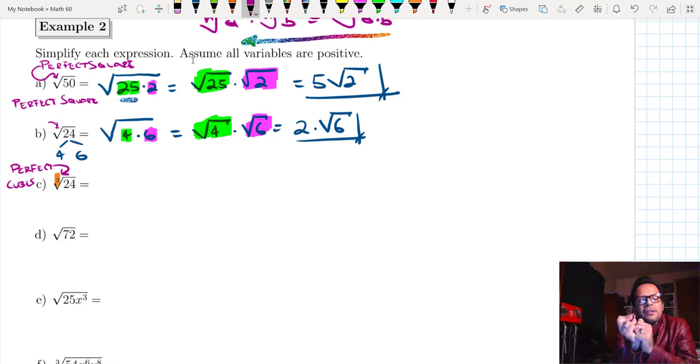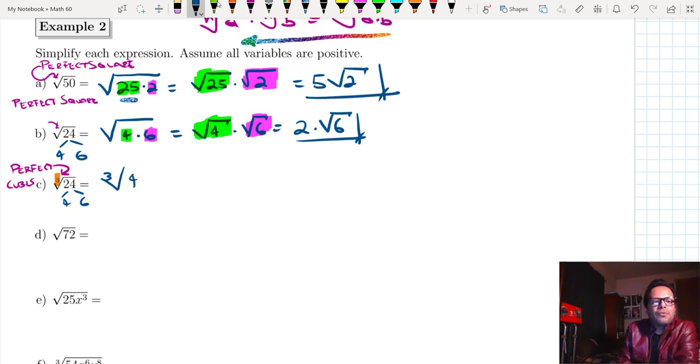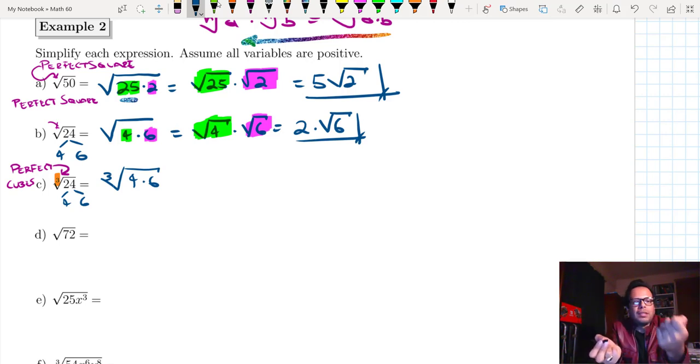So we already tried 4 times 6. That's not going to work, because neither 4 nor 6 is a perfect cube. In other words, there's no number whose cube is 4, or whose cube is 6, so we need to try another way.